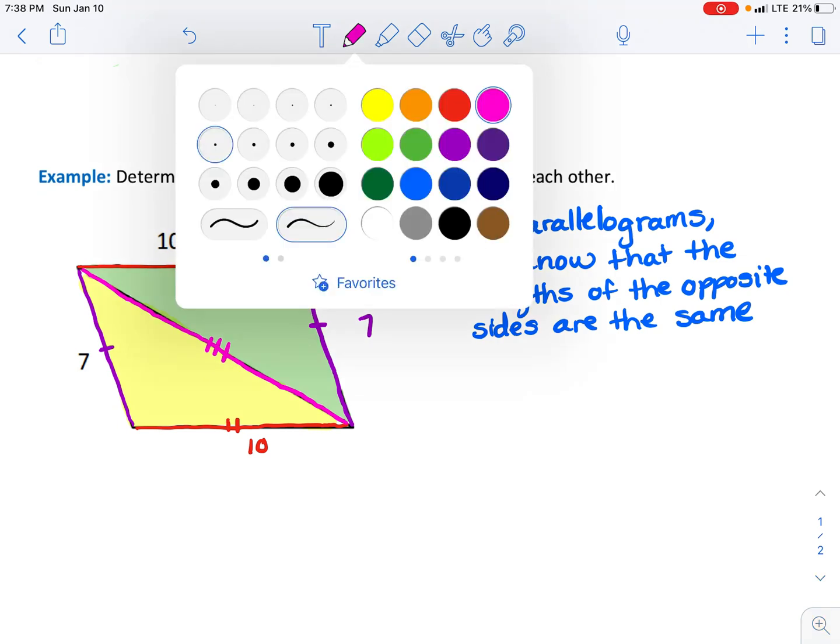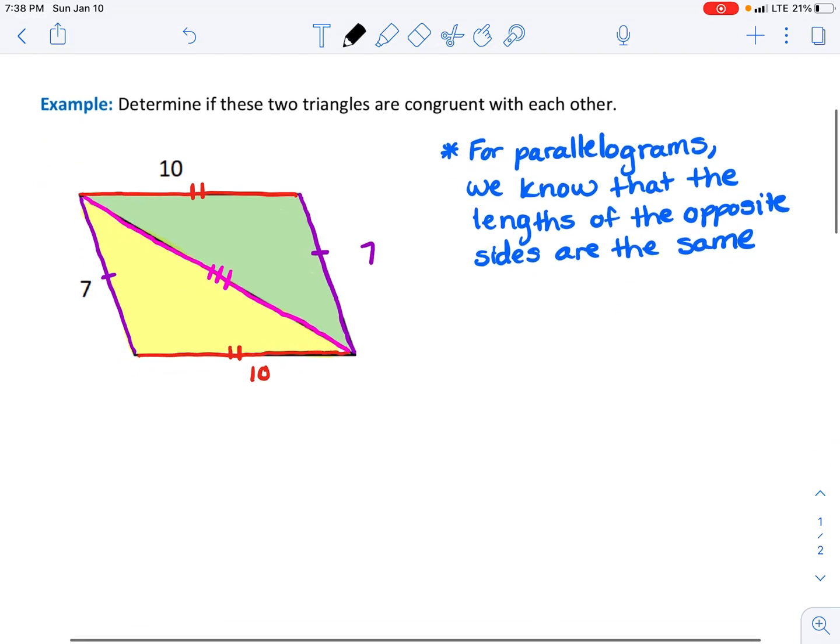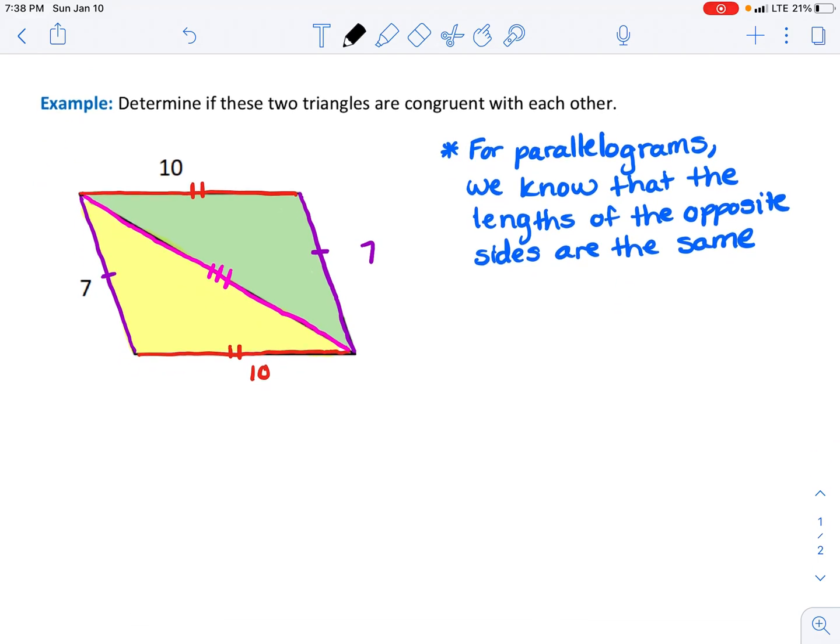Since I know that all three sides are congruent, then by the SSS postulate, I can say that these triangles are congruent.